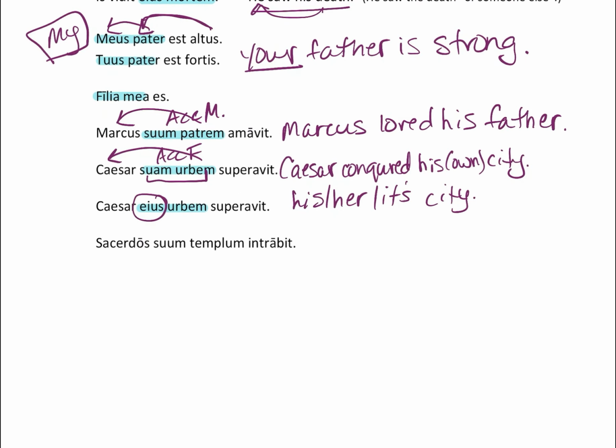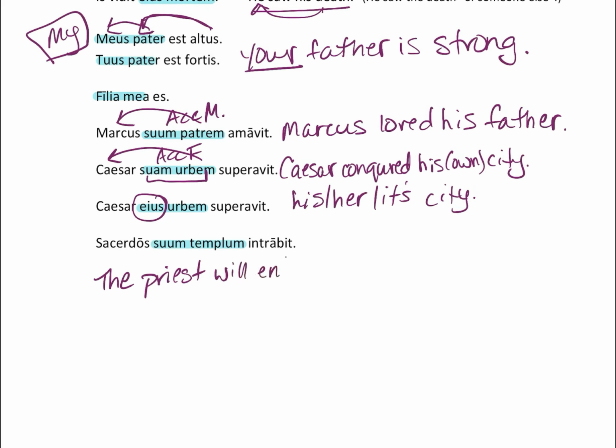All right, last one. Sacerdos suum templum intrabit. So here we see that the priest will enter. We know that the priest is doing the possessing because there's a suum here.